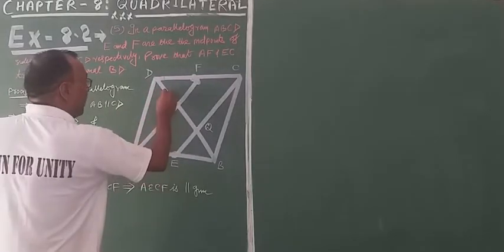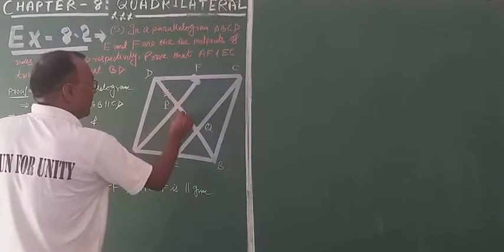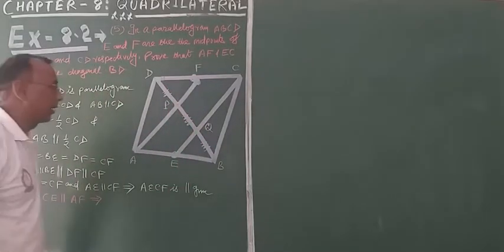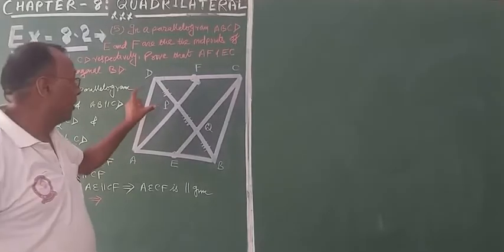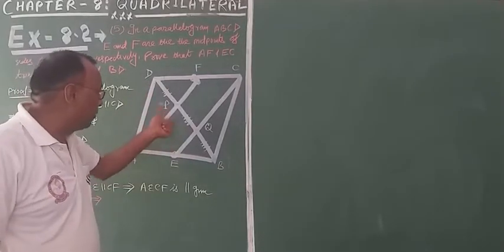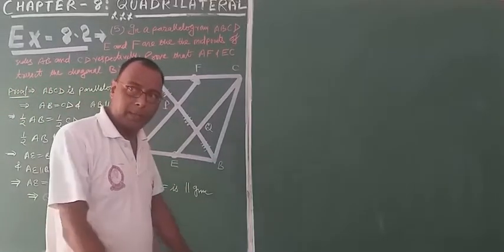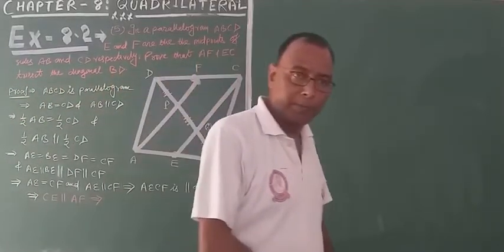You have to prove that these two line segments trisect this diagonal. It means you should prove DP is equal to PQ is equal to QB. These three parts should be equal.